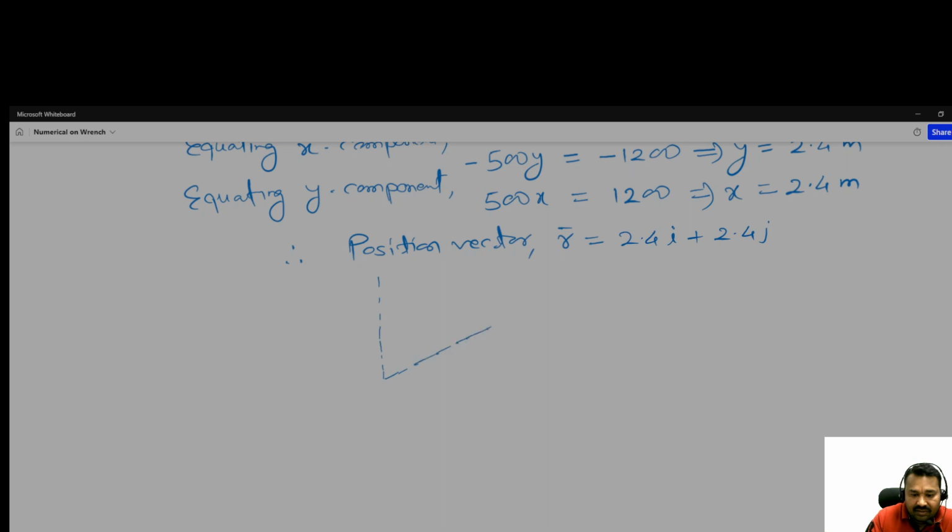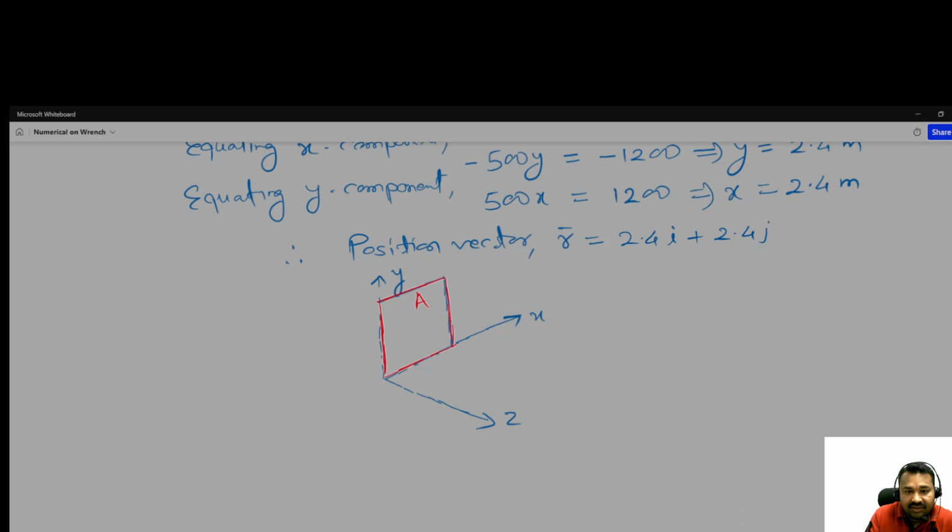This is the x-axis, this is the y-axis, and this is the z-axis. Okay, and the plane, xy plane, this is the plane A. Okay, and where will be the resultant?